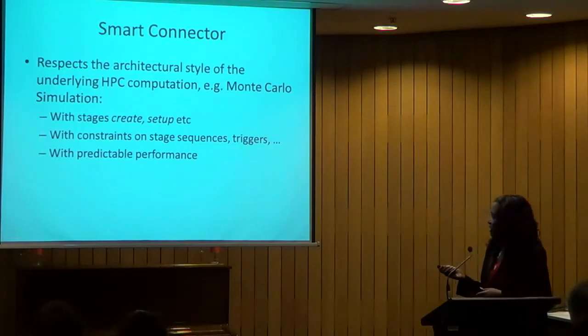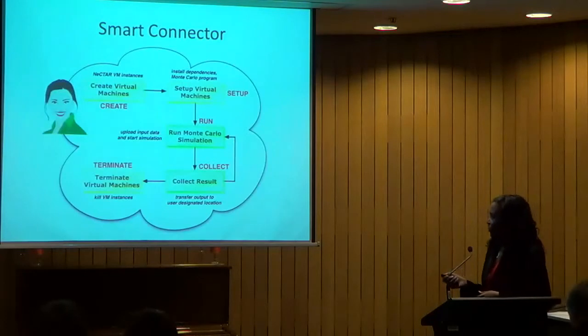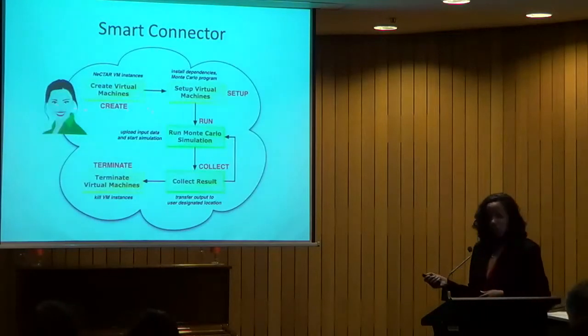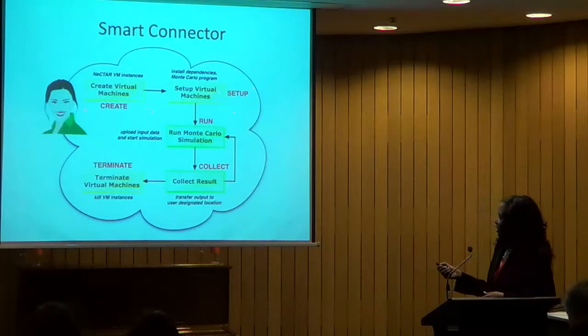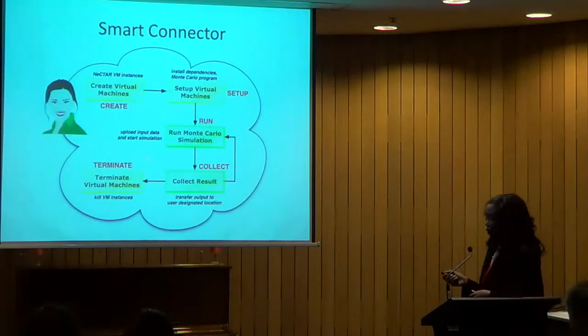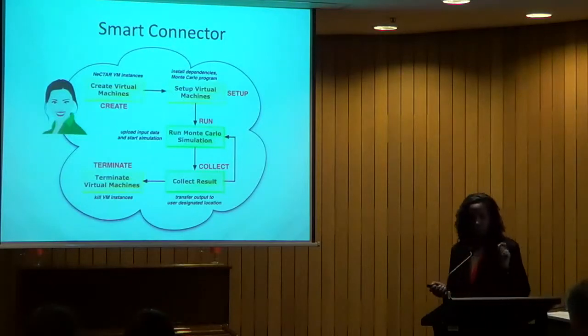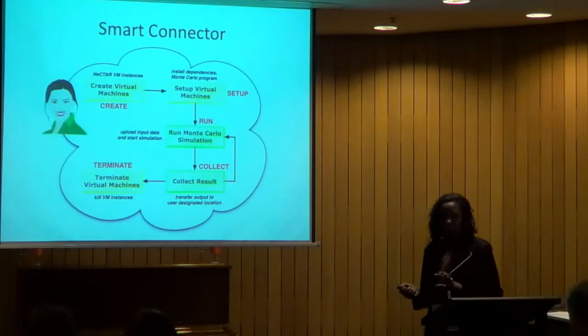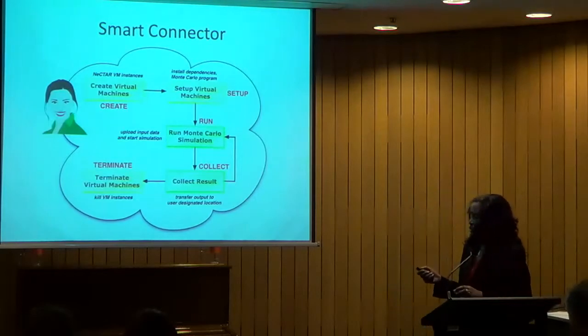Let's go back and see our solution. In our solution, we have five stages. We have the create stage, the setup stage, the run stage, the collect stage, and also the terminate stage. Regardless of the type of the smart connector, each smart connector should have these yellow boxes.